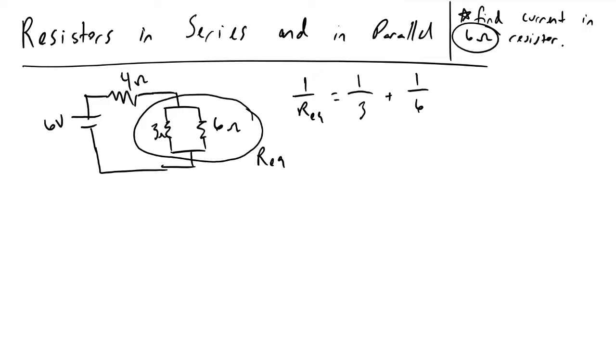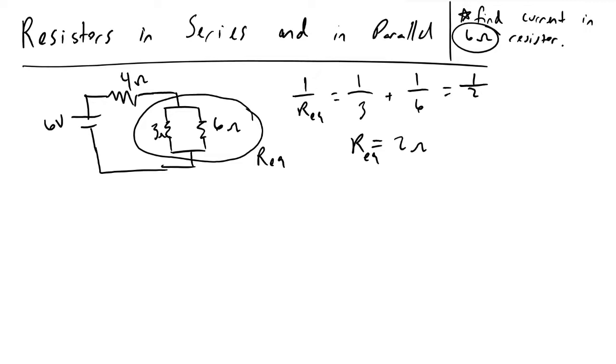And so what we're going to find here is that we have 1/3, which is equivalent to 2/6, plus 1/6 equals 3/6 equals 1/2. So this has a total resistance of 1 over 1/2. So Req is equal to 2 ohms.